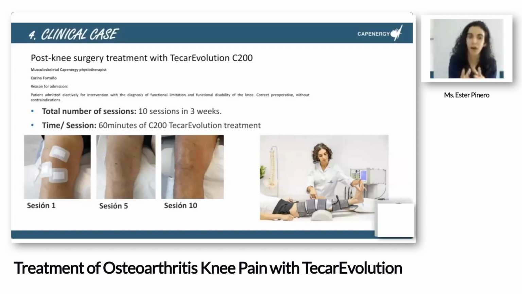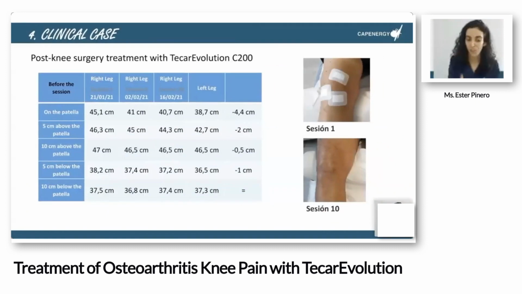When we talk about the collagen and the elastin, it's very important for these scars and all that, okay? And for that here we have a good thing to know. Here we see all the perimeters that we are taking. This is a case done by Karina Fortuño, one of the physiotherapists of the Cabernet team in the clinic. And you see in the photos the difference between the first session and the last session.